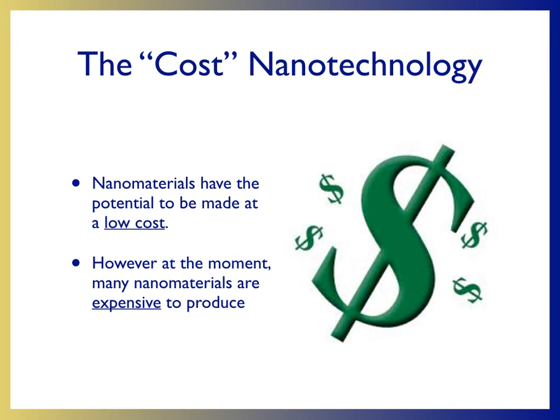However, many of the methods that are used are pretty expensive. The price of making nanomaterials can come down if we focus on more bottom-up approaches using chemical reactions to make materials versus top-down approaches, which tend to be more expensive due to using clean room conditions.